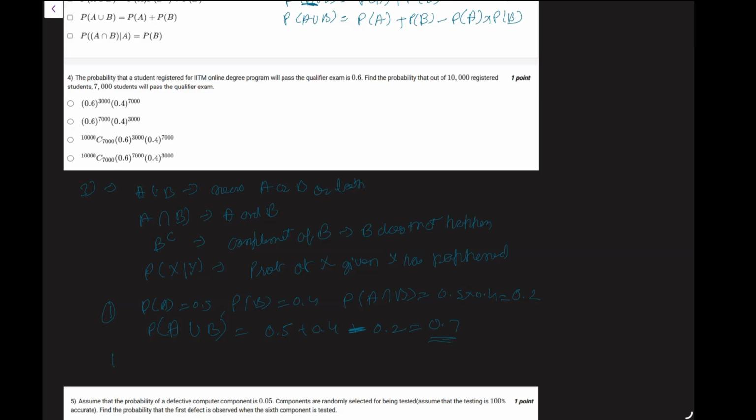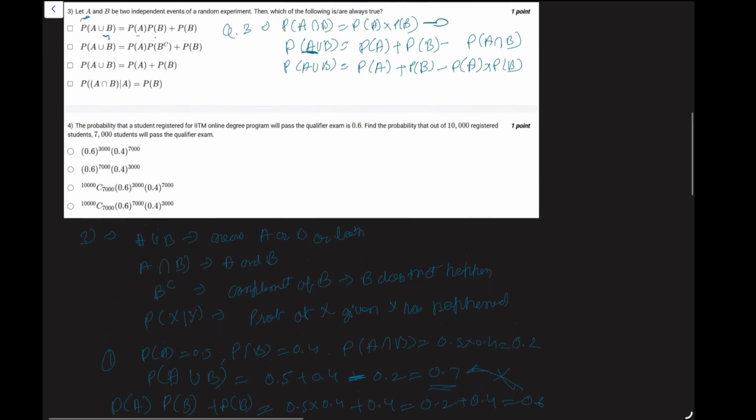Our option was probability of A times probability of B, plus probability of B. So 0.5 times 0.4 plus 0.4 equals 0.2 plus 0.4, which gives 0.6. And these are not equal. That's why this option is false.